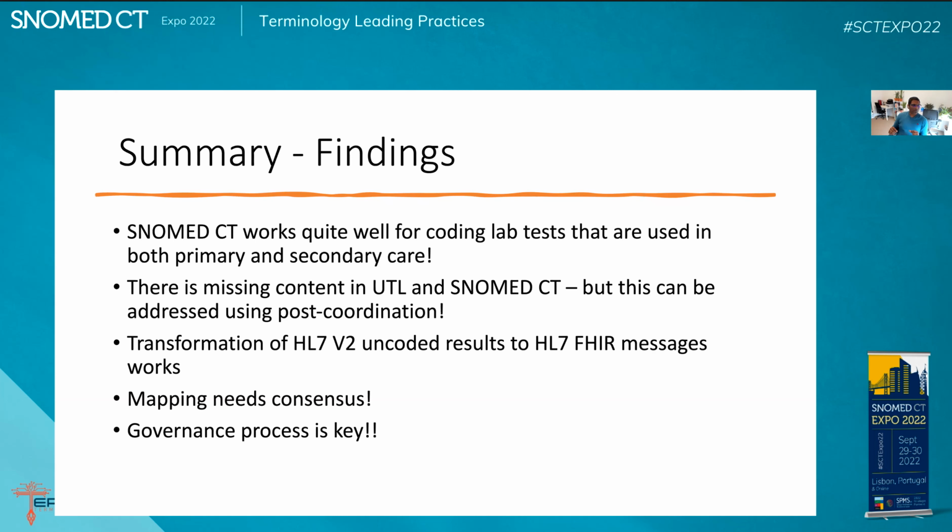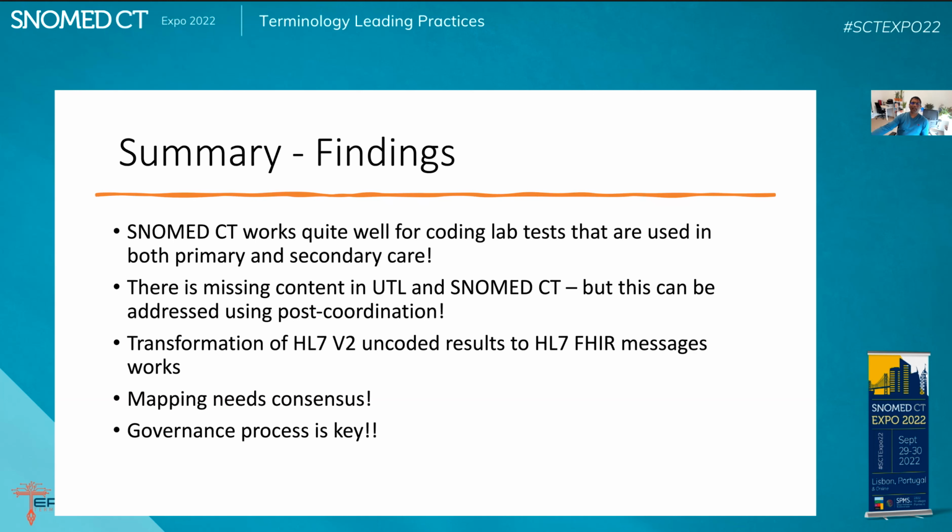But we found that we could add content to fill this gap, and we obviously used close coordination. We'll show you what that means. Second, once you do this work, transformation of V2 codes in V2 messages works very well. And the key takeaway for anybody who is doing mapping is that you always want to get some consensus when you are doing mapping work, and you want to have some governance in place.